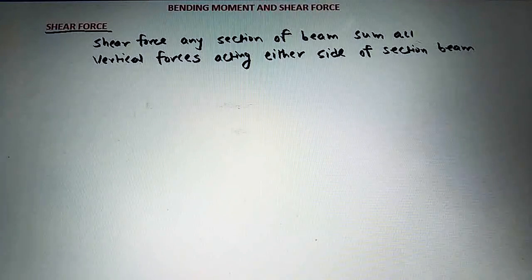That is shear force. The shear force at any section of a beam is the algebraic sum of all the vertical forces which are acting on either side of a section of a beam.